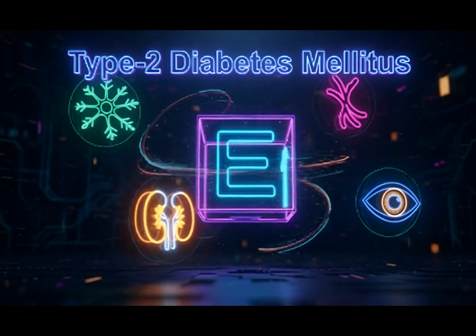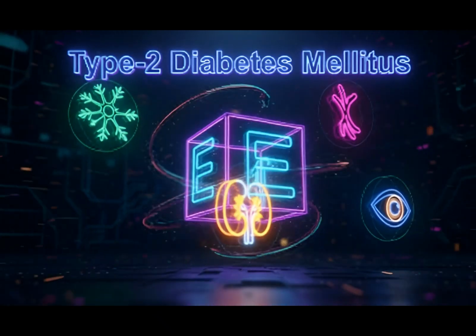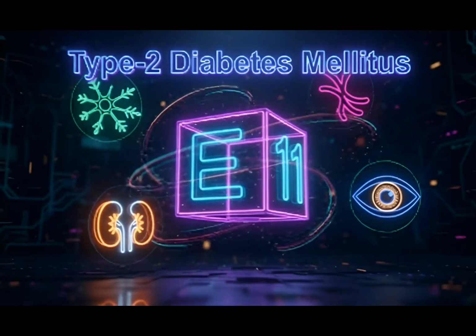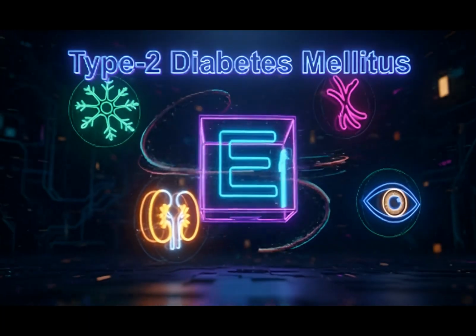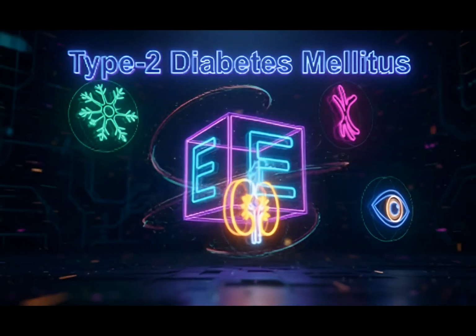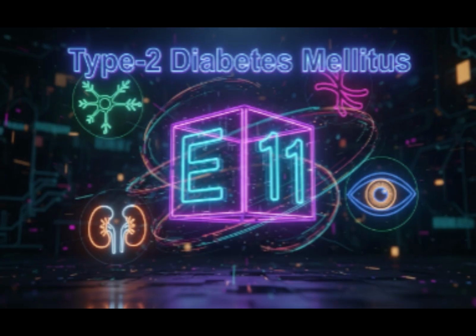Whenever the provider documents type 2 diabetes with or without complications, you'll code from the E11.X series, choosing the correct fourth and fifth characters based on the manifestations documented. So remember, E11 is the core category for type 2 diabetes and its related complications.